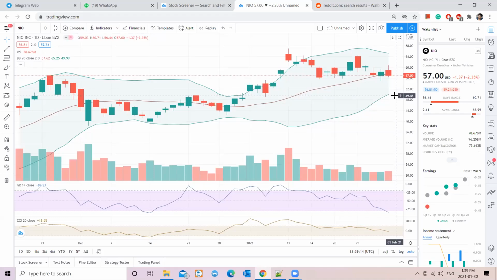A price around $50 could be good if you are looking to hold for the short term, and if you are looking to hold for the medium to long term, the price targets could go beyond 65, and the long-term target I'm looking at is 100 or closer to 100.